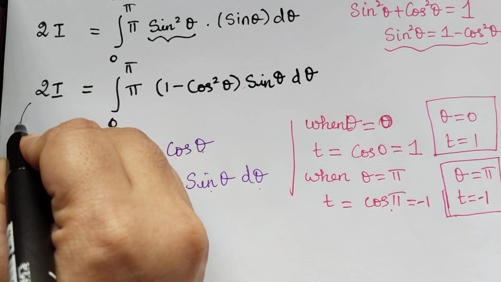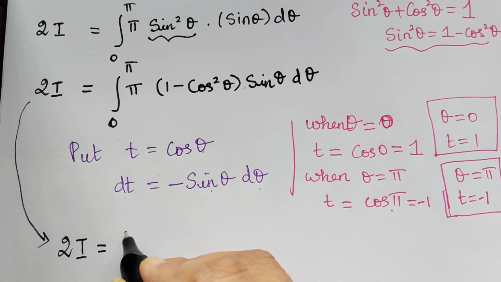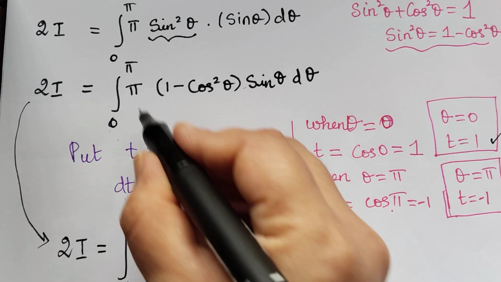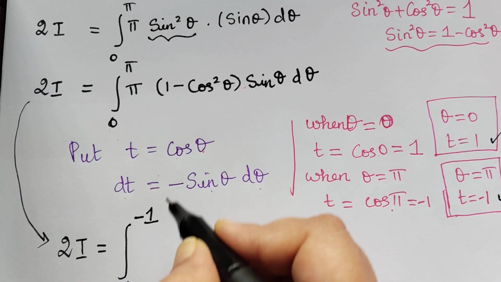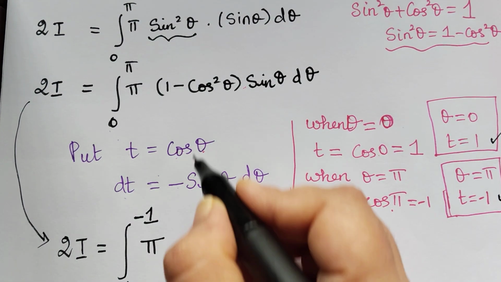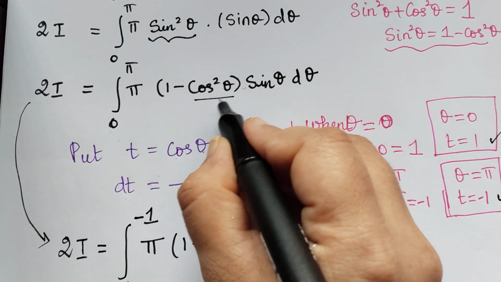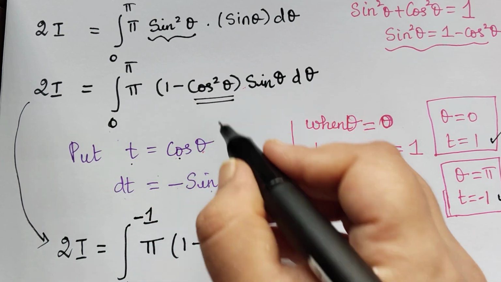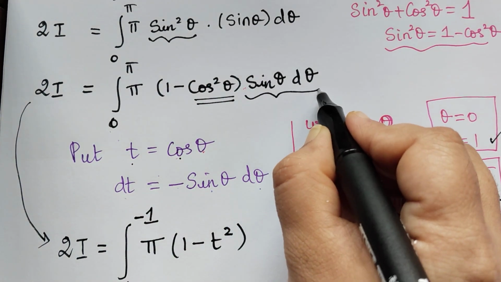So therefore this integral changes as 2I is equal to the integral, what is the lower limit now? The lower limit is t equal to 1, and the upper limit is minus 1. So 1 to minus 1, and pi comes as it is. And here 1 minus, what is cos squared theta? We know that cos theta is t. So cos squared theta will be t square multiplied with sine theta d theta.